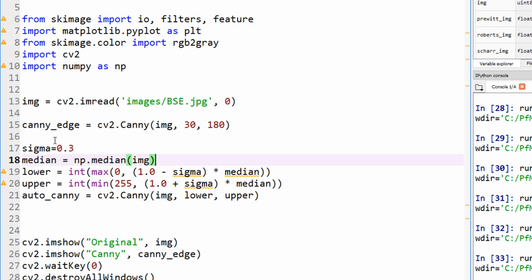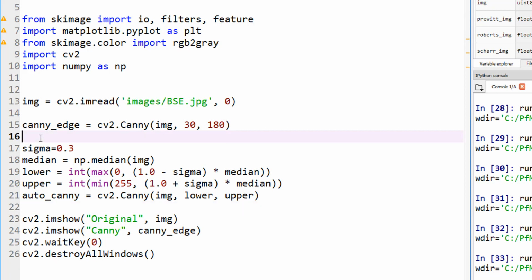All I'm trying to do is find the median value in our image, and then define a multiplication factor to the median value, getting my lower, and then also defining my upper threshold. Lower is between 0 and whatever that is, and upper I'm getting a value up to 255. So I'm defining my lower and upper histogram values here, instead of predefining them as 30 and 180, because I don't know what works on my image.